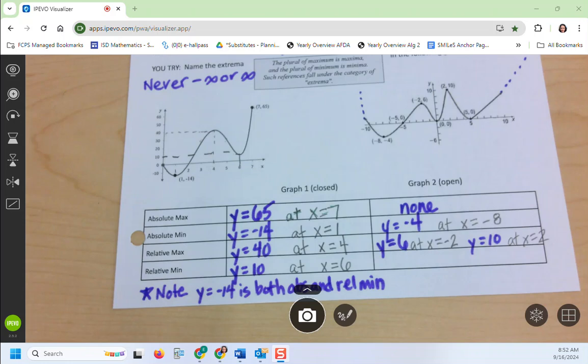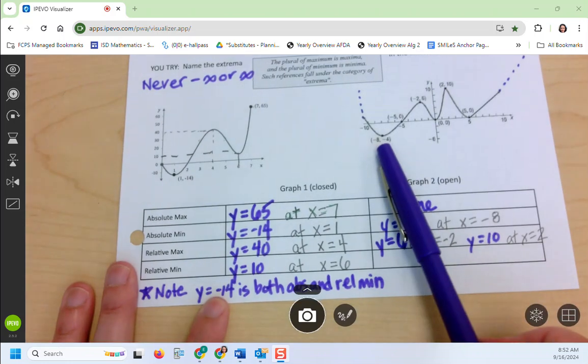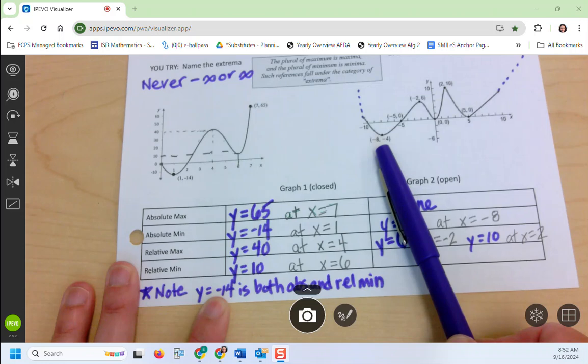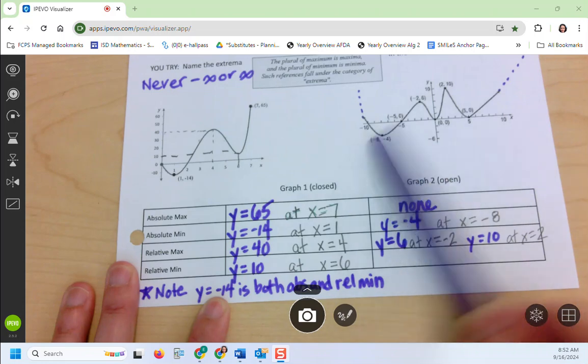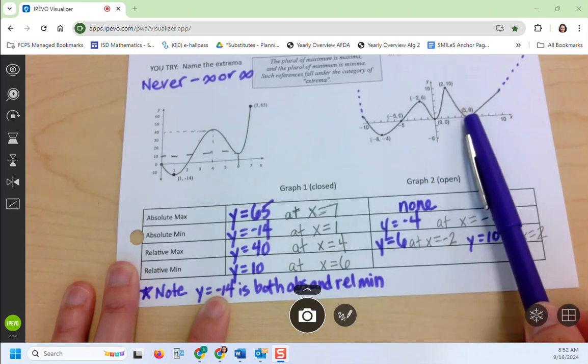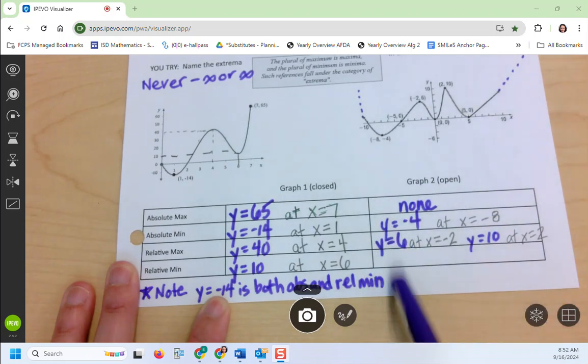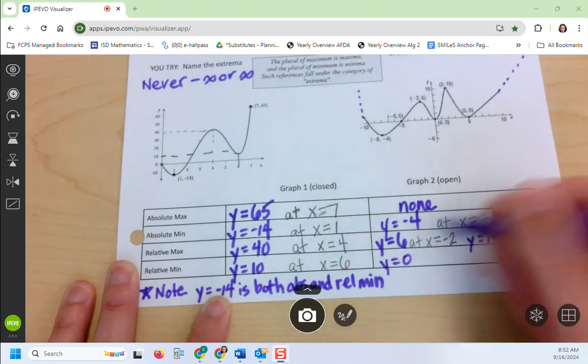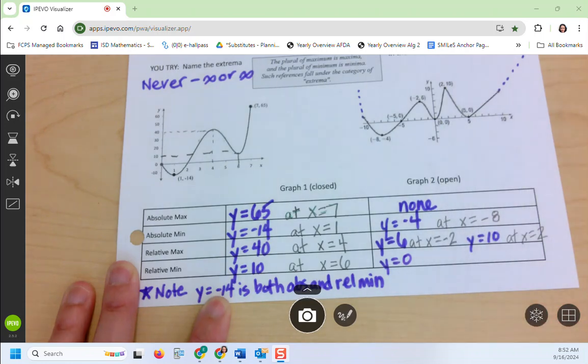So listen, we know this is an absolute minimum, right? Remember that it's also a relative minimum, so that on Delta Math, if it asks you how many relative minima do you see, you would see 1, 2, 3, okay? However, for our purposes, we already listed it as an absolute minimum, so we're not going to list it again. We're going to say y equals 0, and the y equals 0 is at 2 different locations.